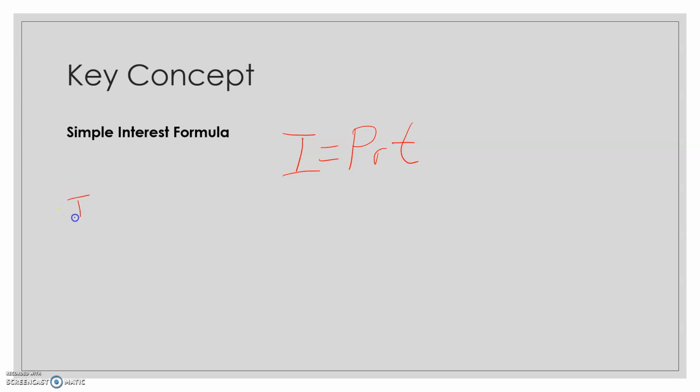Our I in our simple interest formula stands for interest. Interest is when you borrow money, you have to pay back not only the money that you borrowed, but you have to pay some extra money back for not having the money in the first place. That extra money that you have to pay is what we call interest.